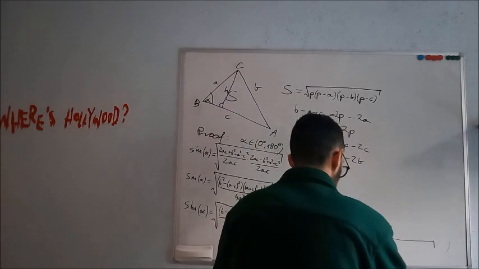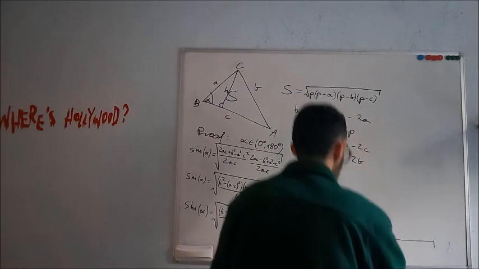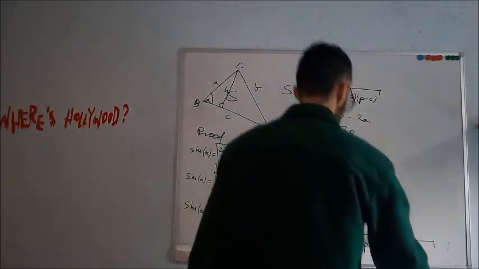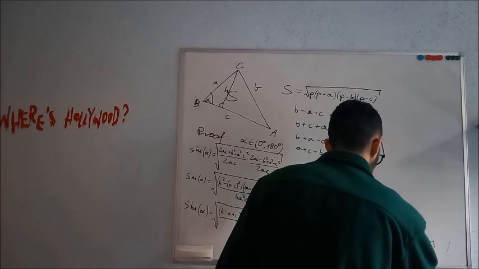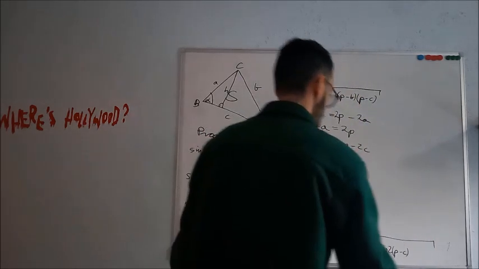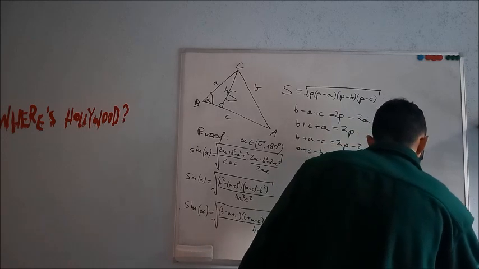So 2 times (p minus a) times 2p times 2 times (p minus c) times 2 times (p minus b).